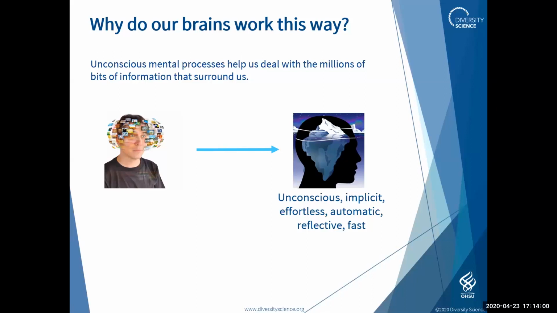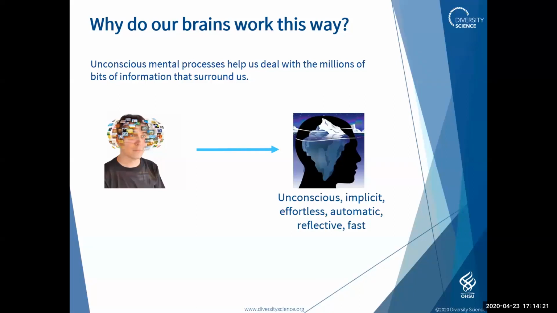So right now, many of you may be in offices at desks, and you are right now being bombarded with millions of bits of information, but you're not paying attention to very much of it. So there's that part of your brain, the implicit part of your brain, System 1 thinking, that is guiding you in what is important to pay attention to.